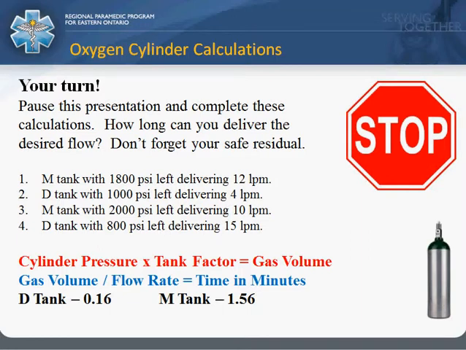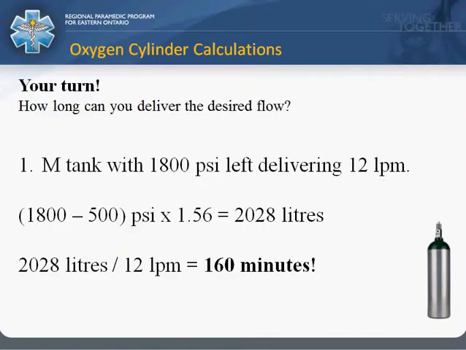Okay, welcome back. Let's see how you made out, see if your answers agree with mine. Question number 1 asked, with an M tank at 1,800 pounds delivering 12 liters per minute, how long can I deliver the desired flow? Here's my calculations, see if you agree. 1,800 minus 500 times a tank factor of 1.56 equals 2,028 liters.